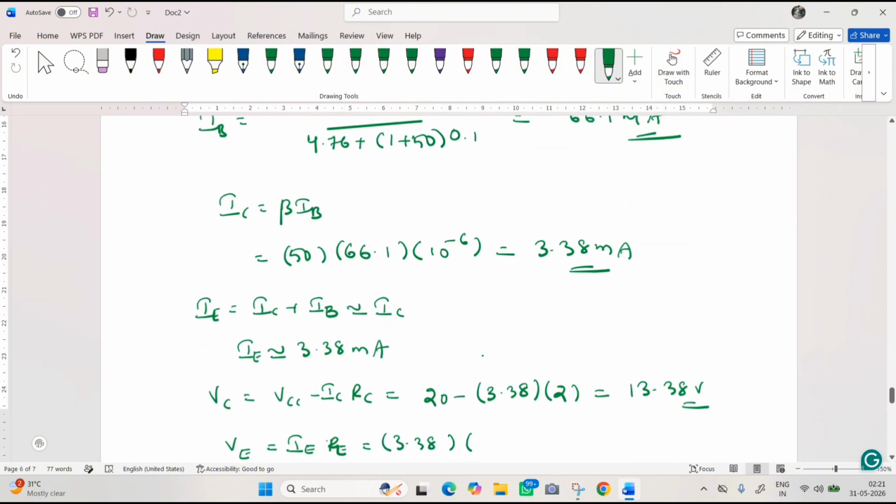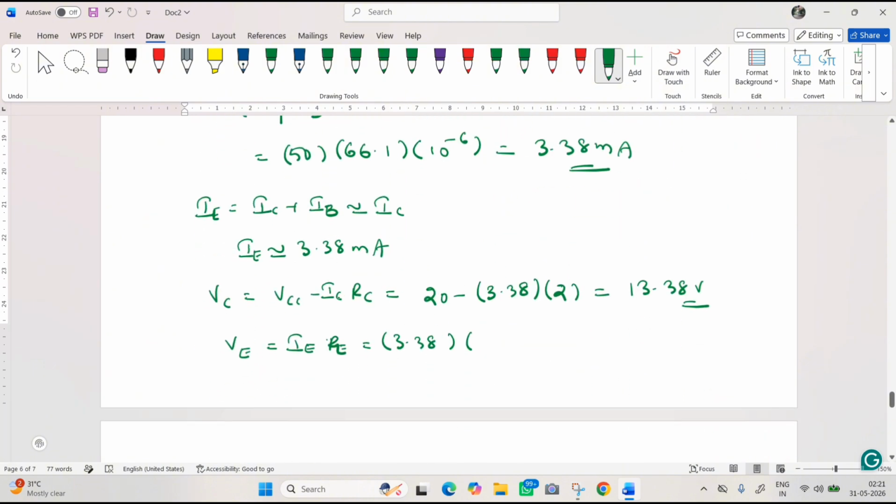RE value is 0.1. Let me substitute here. It is 3.38 into 0.1, which means 0.338 volts. This is the VE.